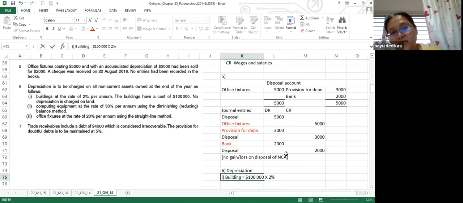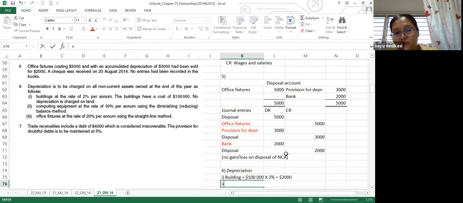Don't include the land. Land, no depreciation to be charged. So 100,000 times 2 divided by 100, 2,000.